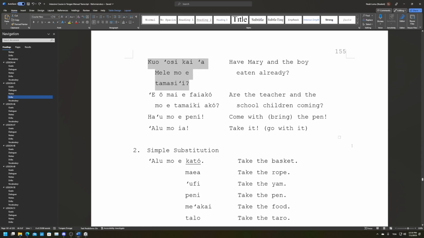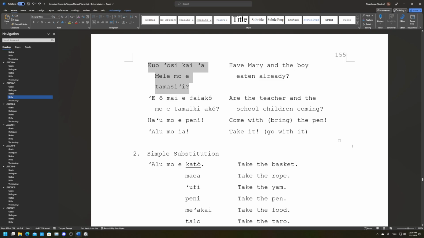Mhm. Ko se kaya mele mo tamasi'i. Mhm. E o mai whai ako mo tamaki ako.